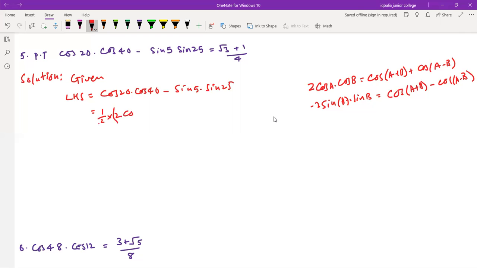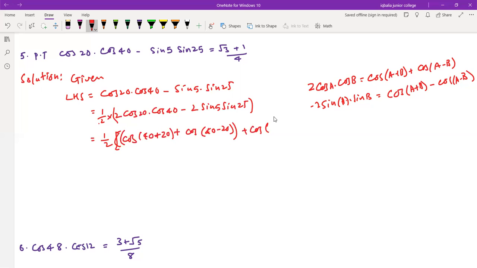So 1 by 2 of 2 cos 20 into cos 40 minus 2 sin 5 sin 25. We can use cos 40 plus 20 plus cos 40 minus 20. Here I use this minus, and here we will have plus.